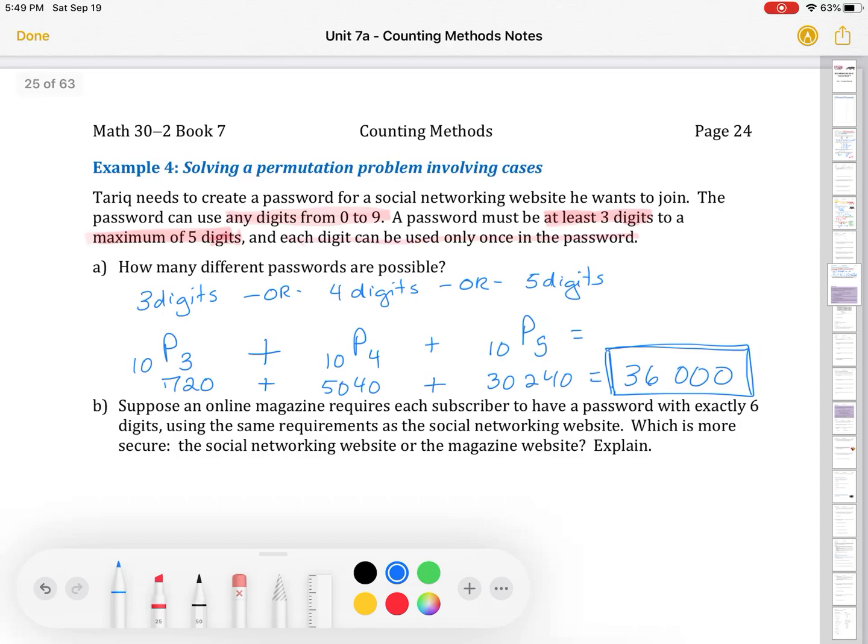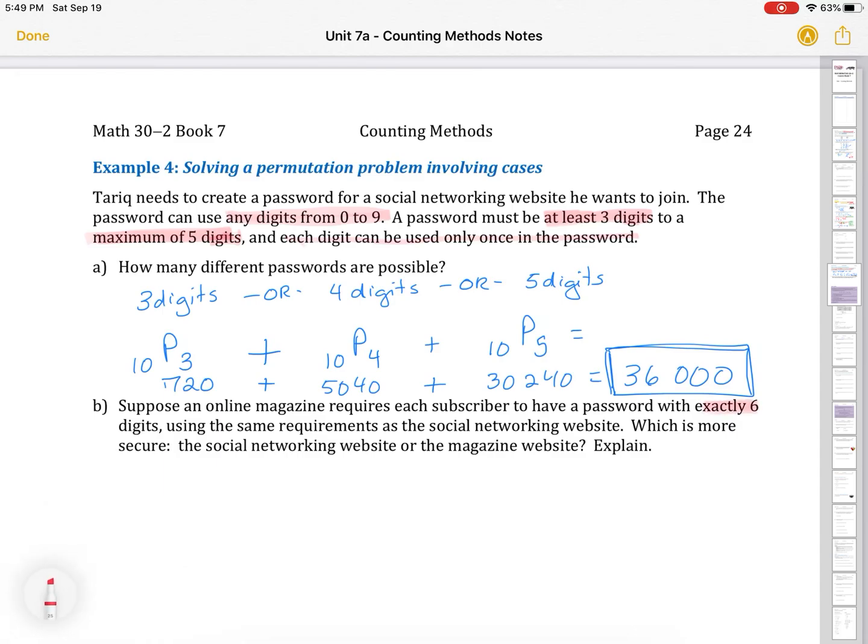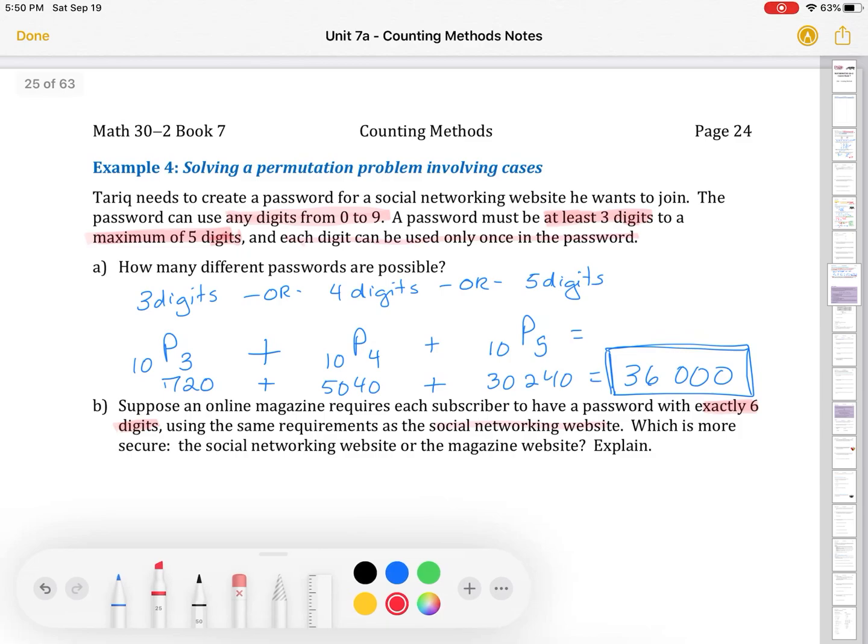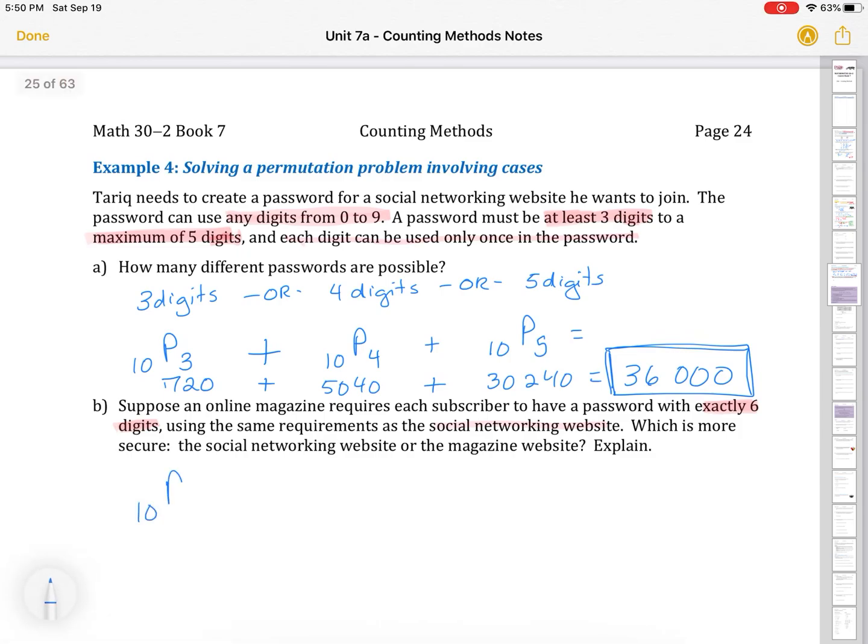Now suppose an online magazine requires each subscriber to have a password with exactly 6 digits using the same requirements as the social networking website. Which is more secure, the social networking site or the magazine website? Explain. Well, we know the amount of passwords for the social networking site.